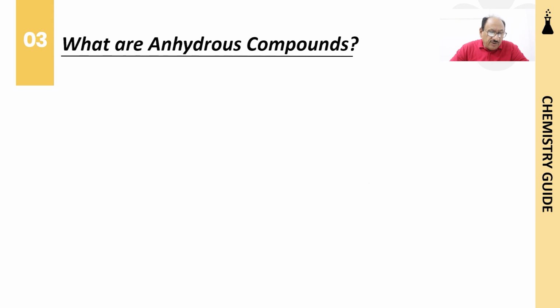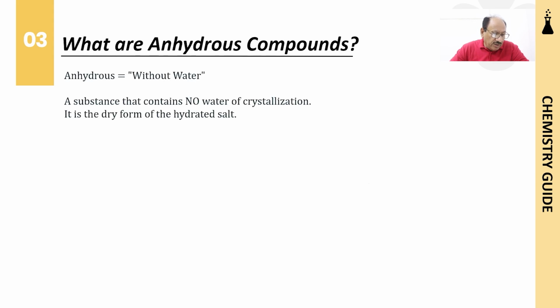What are anhydrous compounds? When we remove water, those are anhydrous, a substance that contains no water of crystallization. We say that they are the dehydrated or dry form of the hydrated salt. How do we get them?